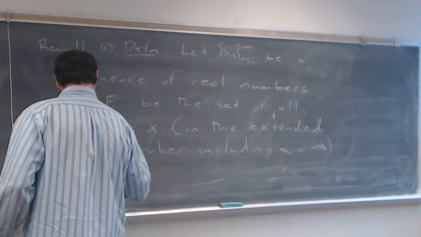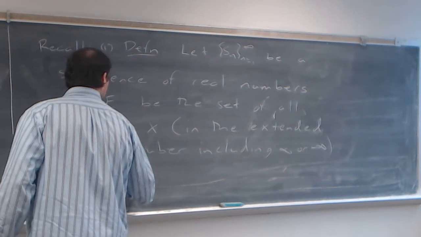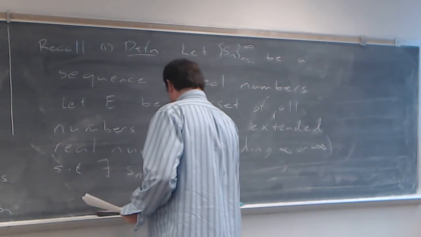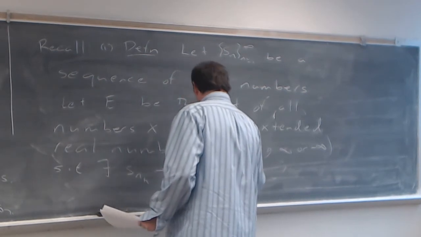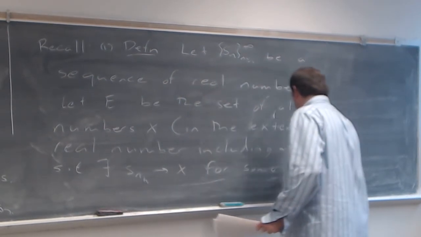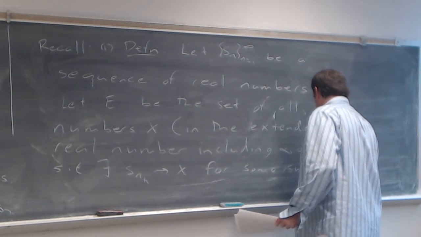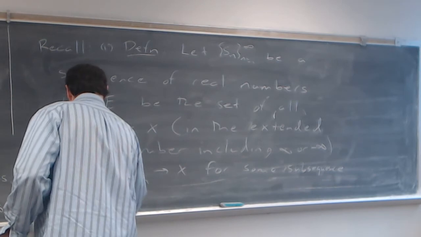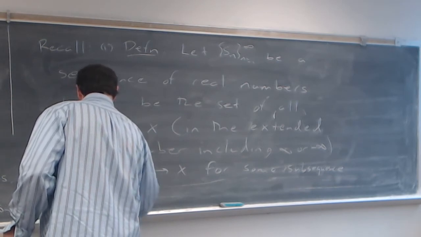Such that there exists a subsequence, S sub n sub k, that converges to x for some subsequence of S sub n.